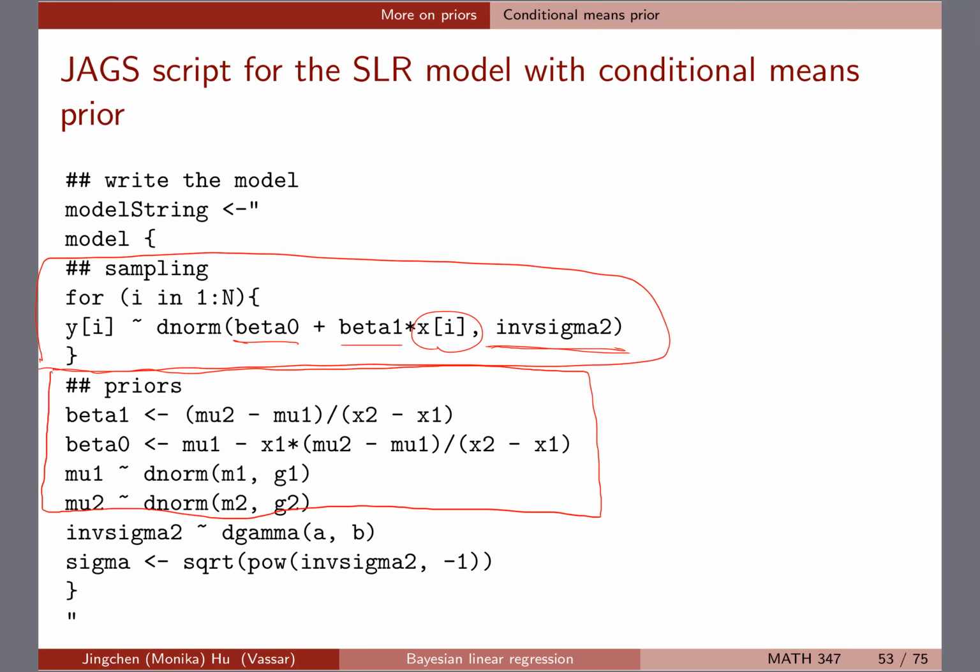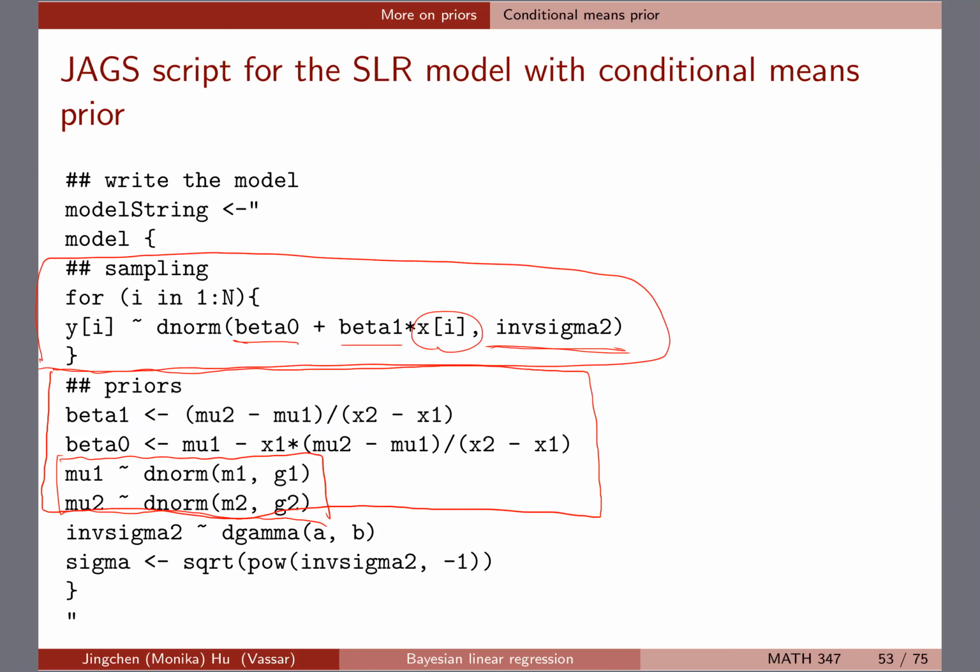But now we're specifying a normal prior for mu1 and mu2, and then using the two equations that I showed you earlier to get the actual values for beta 1 and beta 0. The last two lines here are where I give priors for mu1 and mu2. As we discussed earlier, one is at mean 8, the other at mean 11. And for the second parameter, this is precision, so you have to compute the right number, but I was giving standard deviation 2 for both cases.